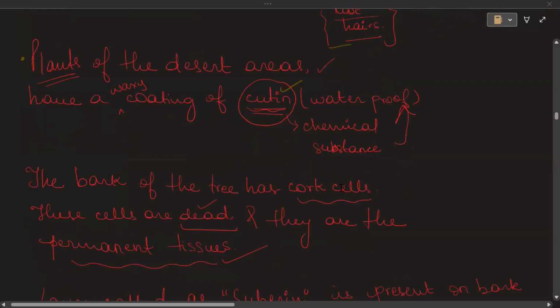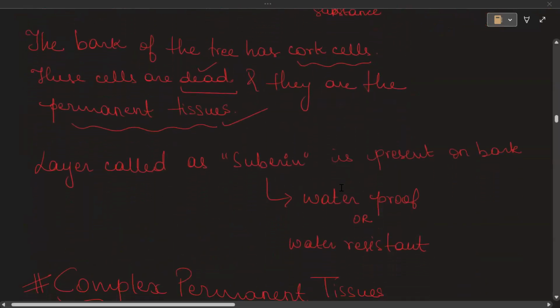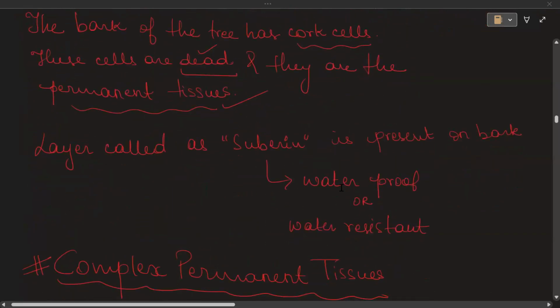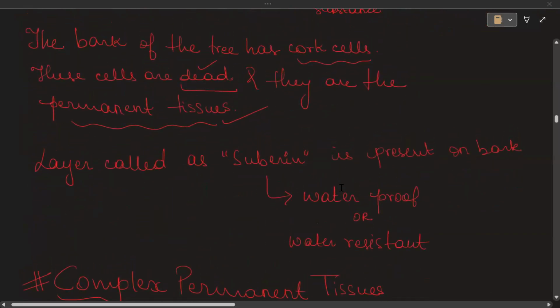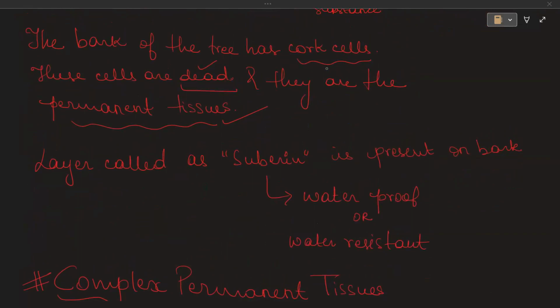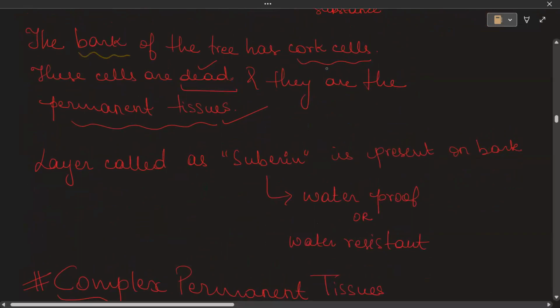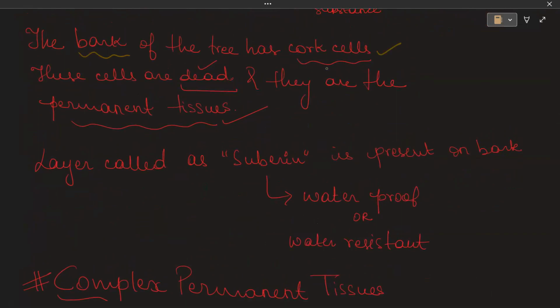Now, the bark of the tree. Do you people know what the bark of the tree is? Yes, ma'am. The woody part of the tree has cork cells. The cells of the woody part, which is the bark, are known as cork cells. These cells are dead, and these are permanent tissues since they are dead cells.